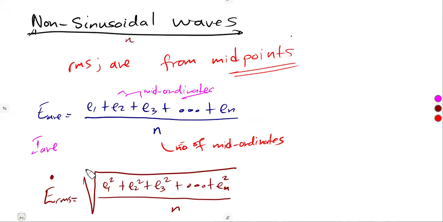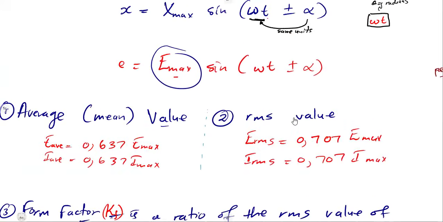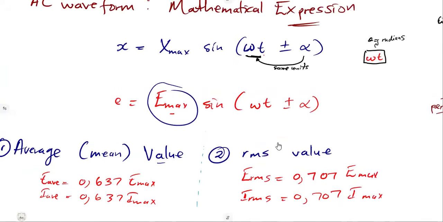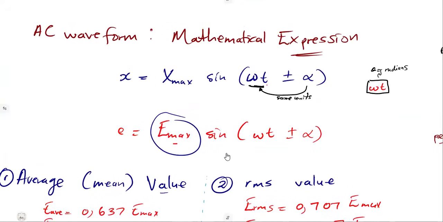I want you to go through these formulas and the basics of what you had before. Answer questions with this information or with these notes that you have. You can answer as many questions as you can.